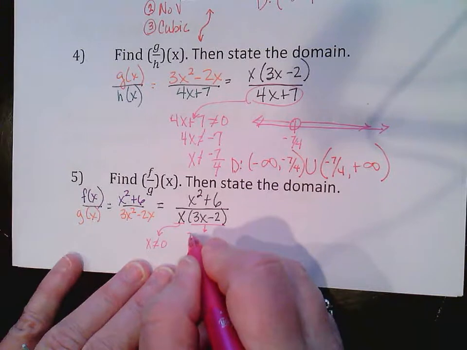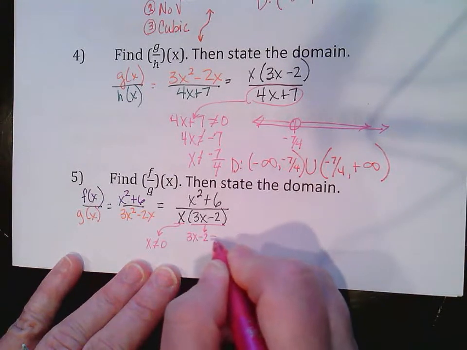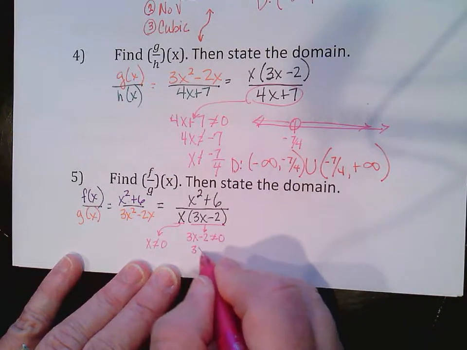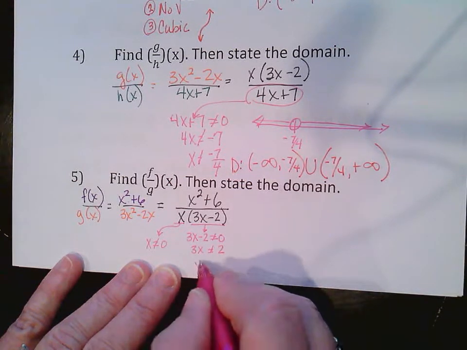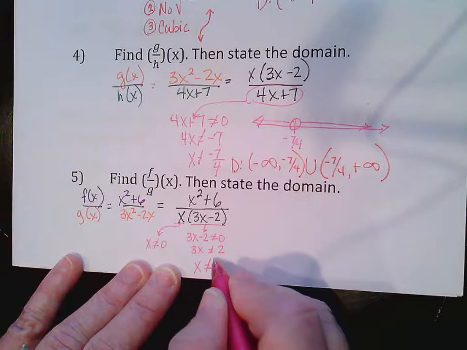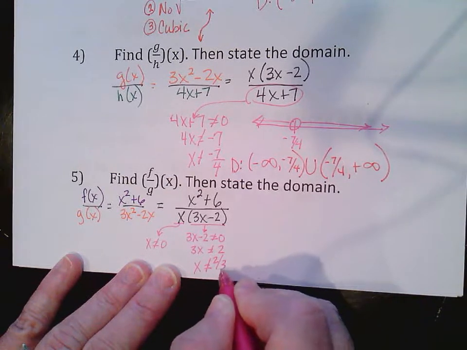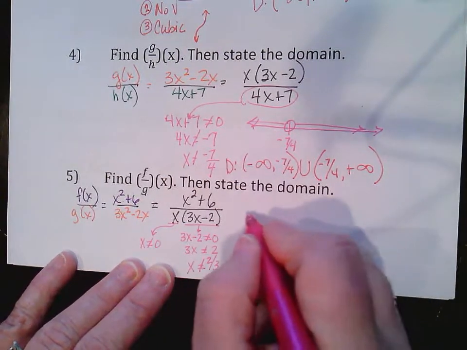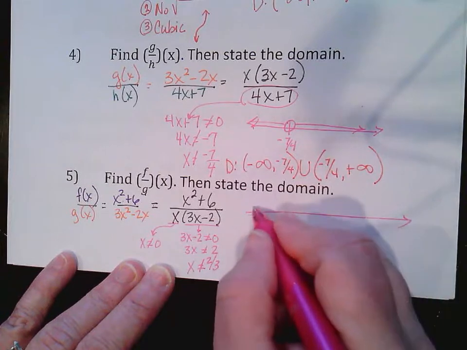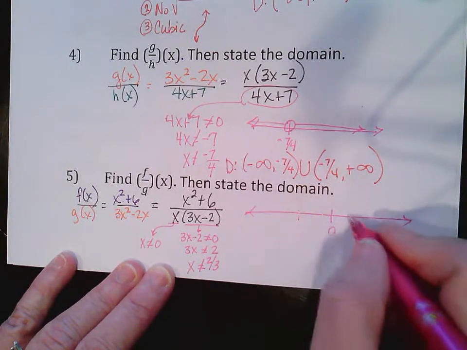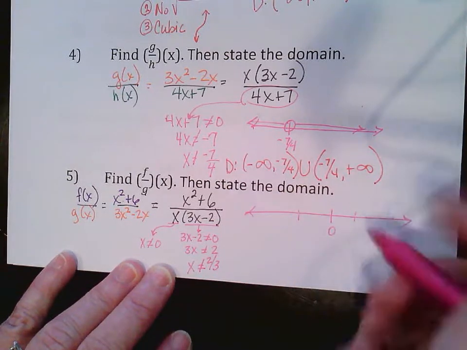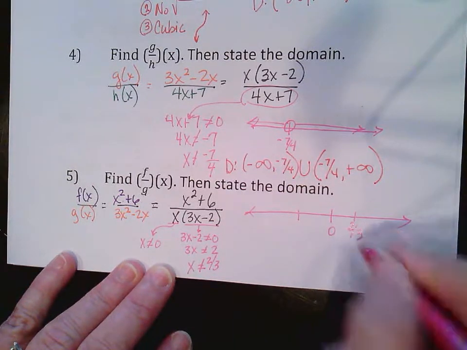This one is 3x minus 2 cannot equal 0. So 3x cannot equal positive 2, because I'm going to move the 2 over. And then when I divide by 3, I find out that x cannot equal 2/3. If I put that on a number line, that tells me positive 2/3.